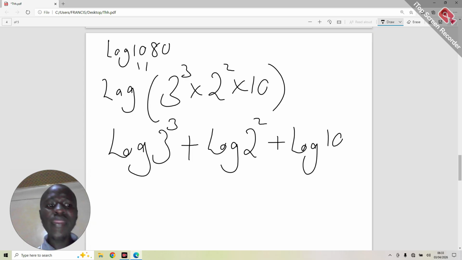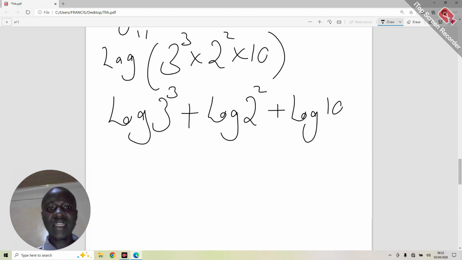Remember, a log without a base is assumed to be base what? Base 10. Don't forget. A log without a base is assumed to be base 10. So worry less when the base is not given. The assumption is that that is always base 10.